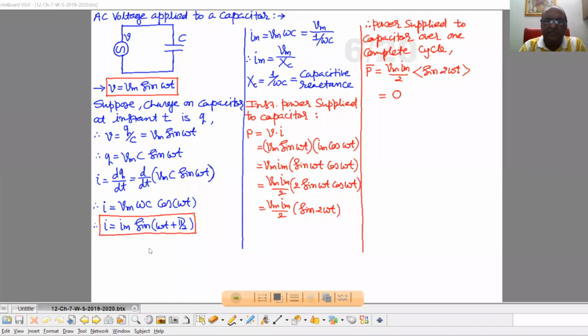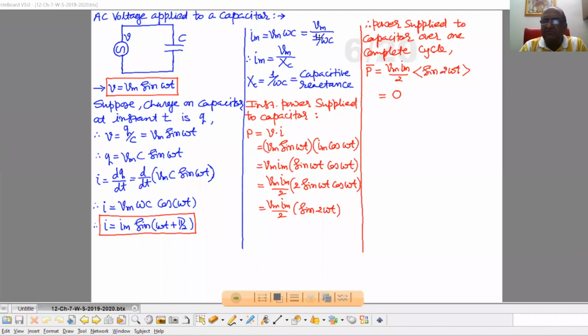Okay. Now Im is Vm into omega C. So rewrite this equation like voltage upon something. So we can take this omega C to the denominator.